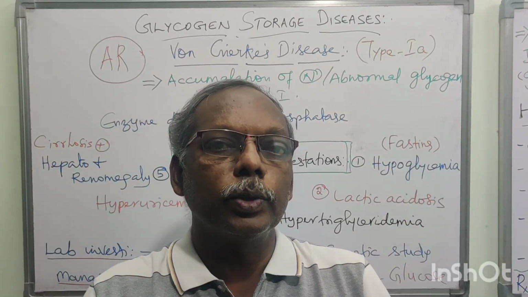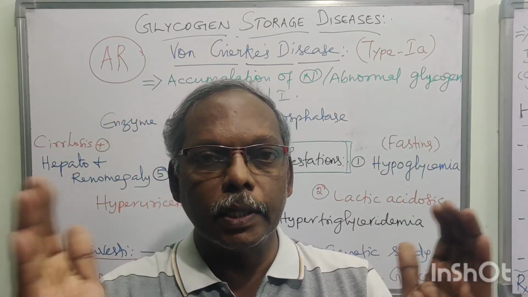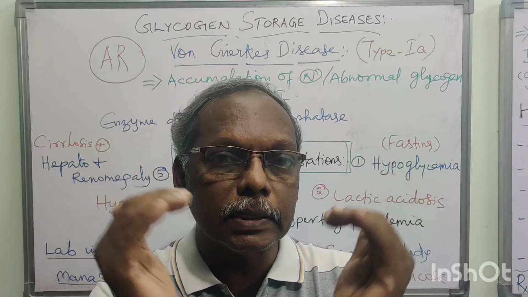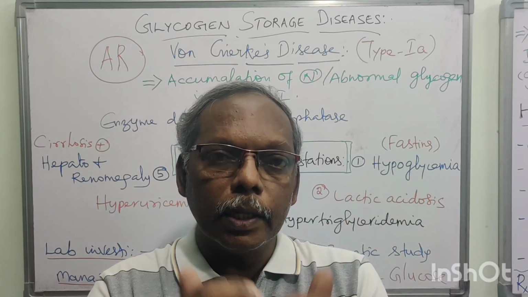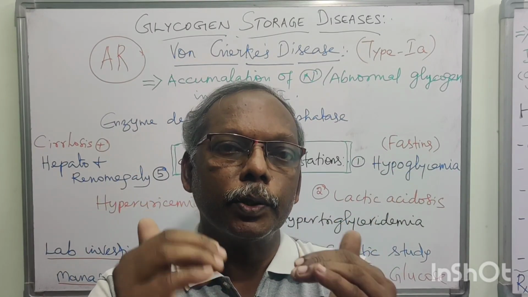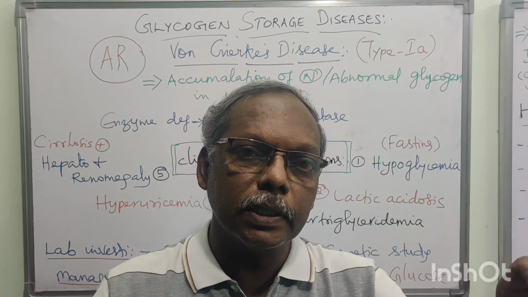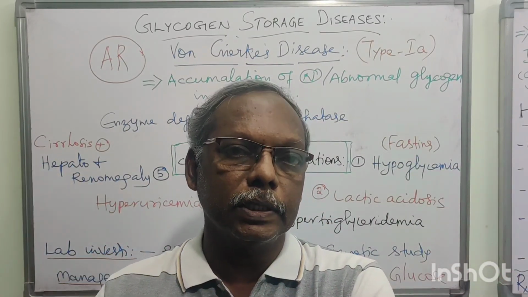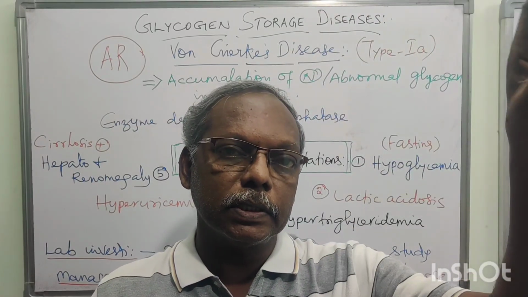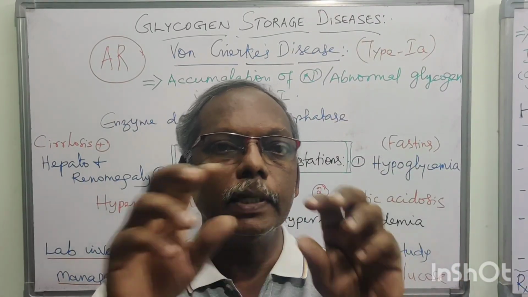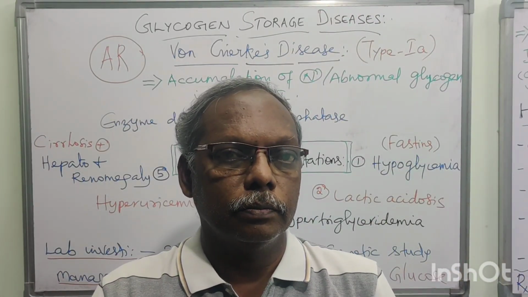In these 2 reactions, glycogenesis and glycogenolysis, what are all the enzymes involved? Then only it will be easy for you while reading and understanding the concept. For this enzyme deficiency leads to this disease, or for this disease this is the enzyme defect. Like that it will be easy for you, right?